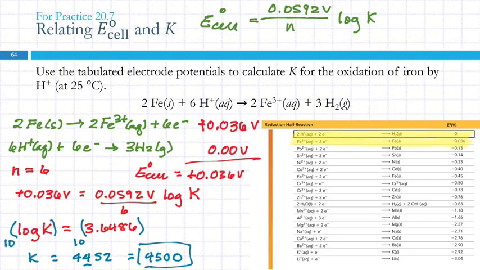Any other questions? Is 4,500 a reasonable value for an equilibrium constant? Sure. They could be negative? No, can't be negative. But they can be super small, like 10 to the minus 30, or they can be super huge, 10 to the plus 30.